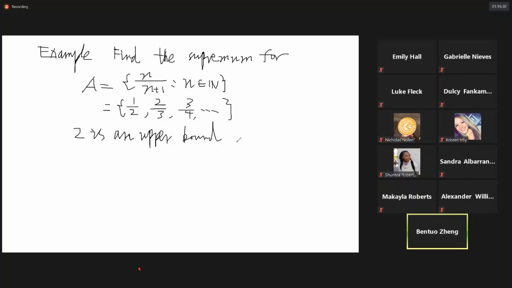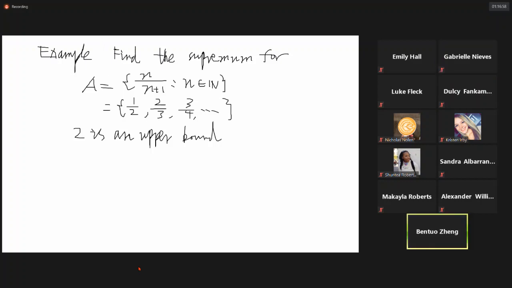So in this situation, what is the least upper bound? Okay, good.